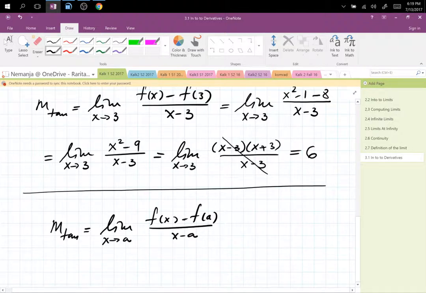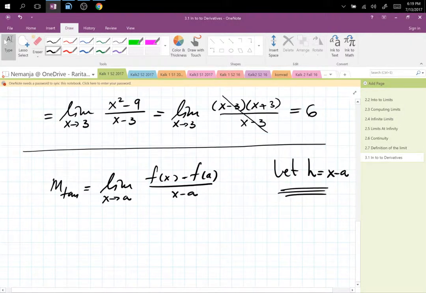So I'm going to define this: let h be x minus a. That substitution is going to help me a lot to make this formula easier to deal with.